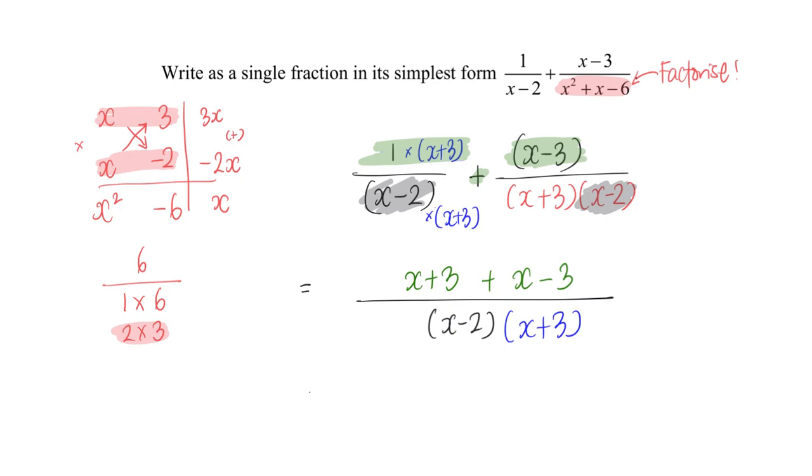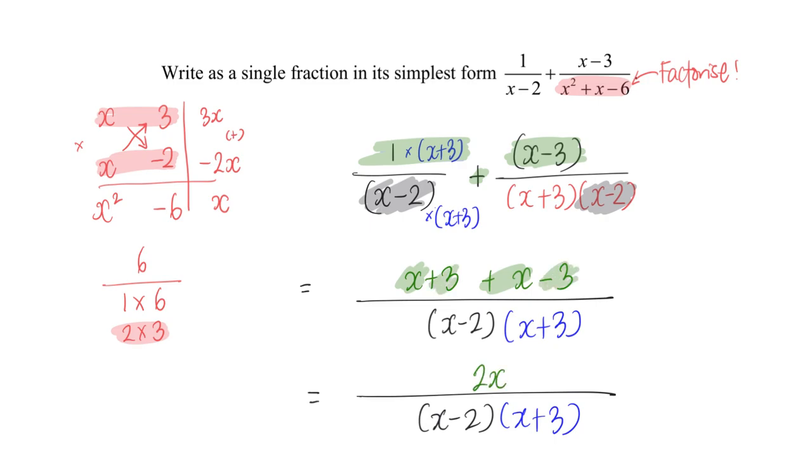So final answer, yep, still have my x minus 2 and x plus 3 below. The numerator, x plus x will give me 2x. 3 minus 3 will be equals to 0. And therefore, this will be the final answer for this question.